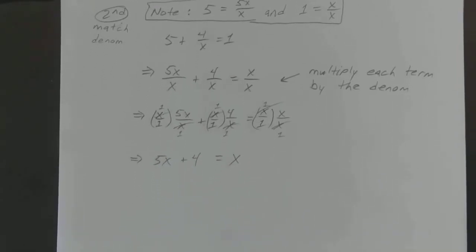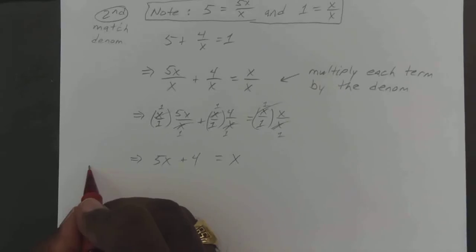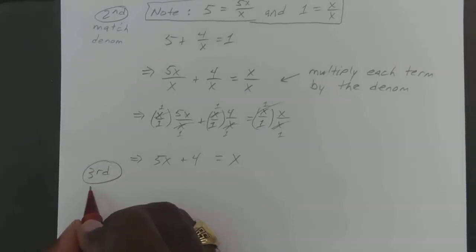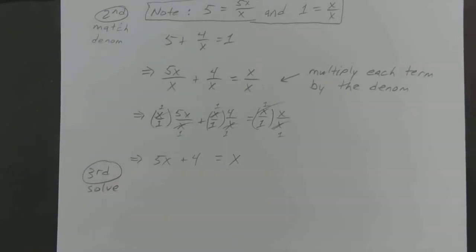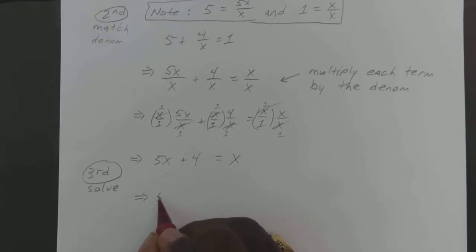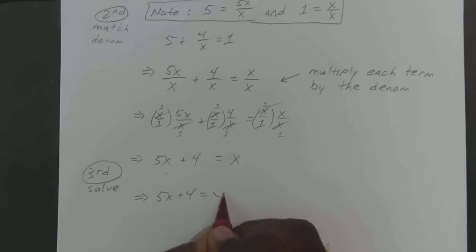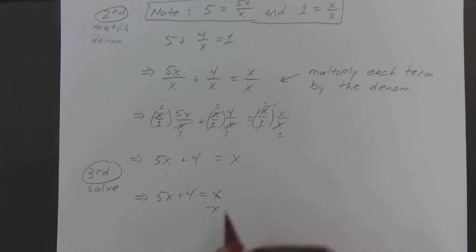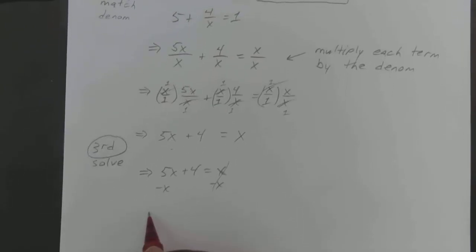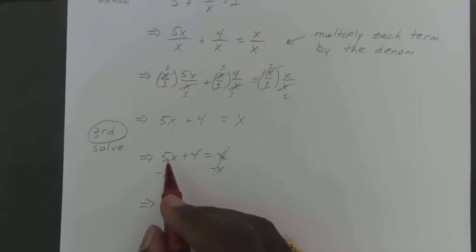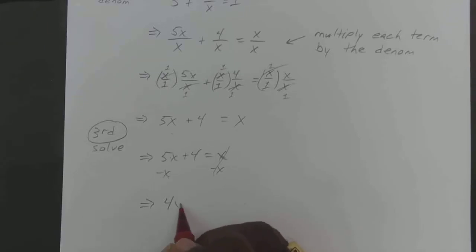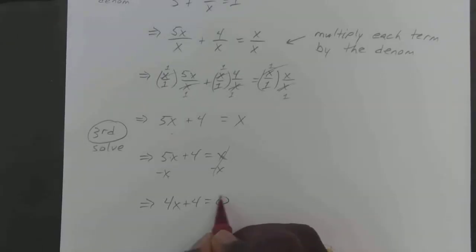Okay, and now we just solve for x. If we solve for x, we can just subtract x from both sides. So 5x plus 4 equals x. So we subtract x from both sides. x minus x is 0, and we end up with 5x minus x is 4x plus 4 equals 0.